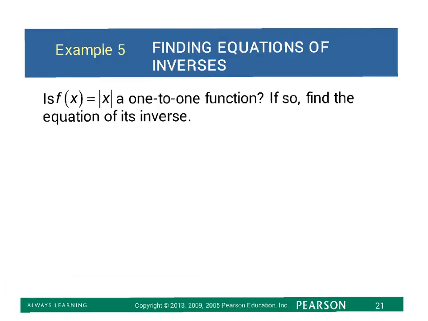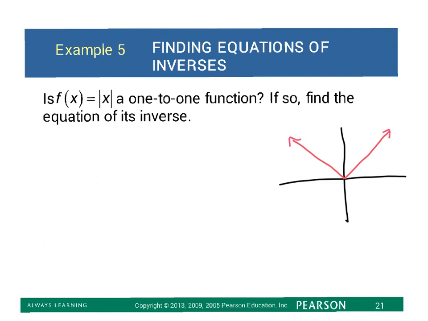All right, so for this first function right here, let's look at the graph of what an absolute value looks like. If I were to graph this function, this is what it would look like. Looks something like that graph right here.